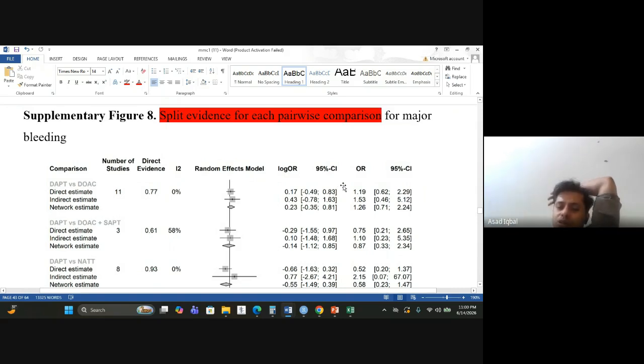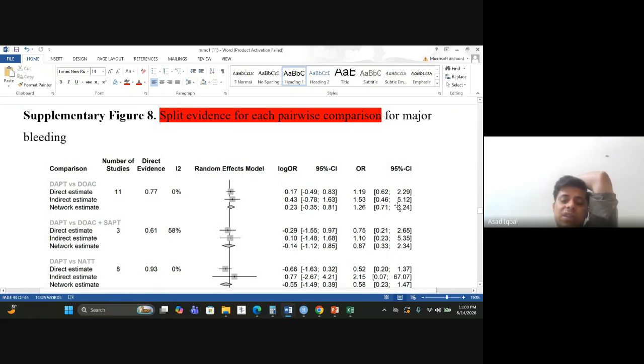So the confidence interval, if you look at this in the odds ratio, is 0.06 to more than 2.29. That's the direct estimate, this is the indirect estimate, and there is not that much heterogeneity between direct and indirect estimates. So you can trust the result of the network.